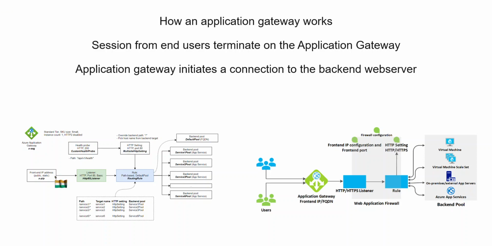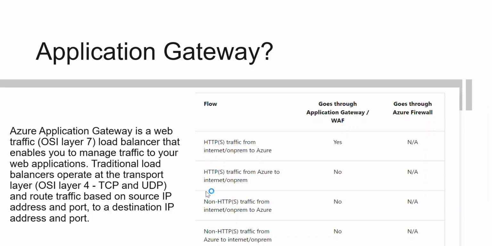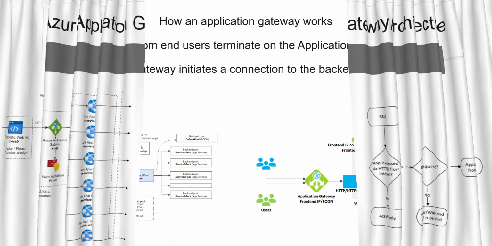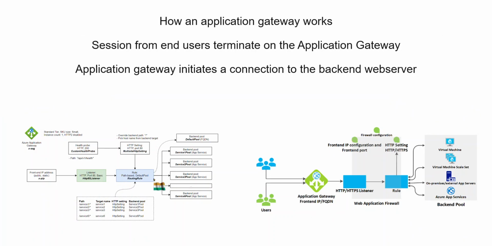If you see over here, there are many other things that are configured. Let's go back. Okay, so if you see over here, in the listener, after it goes to the listener, there are some rules with port 80.